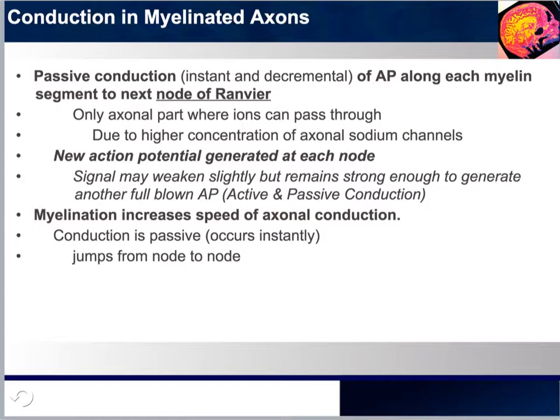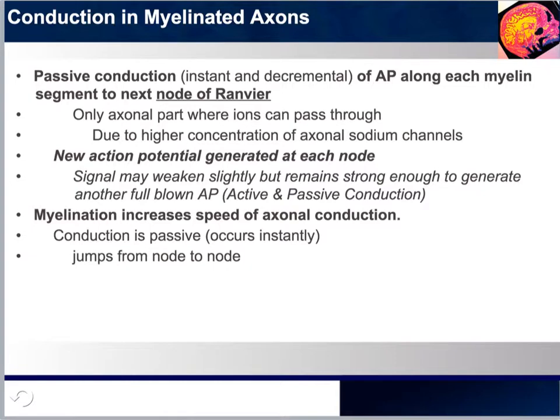At each node of Ranvier, we are generating a new action potential. And although this action potential is carried on through until the terminal button, we know that the signal may weaken slightly throughout its process, but for the most part remains strong enough to generate another full action potential as it goes on to the next node.